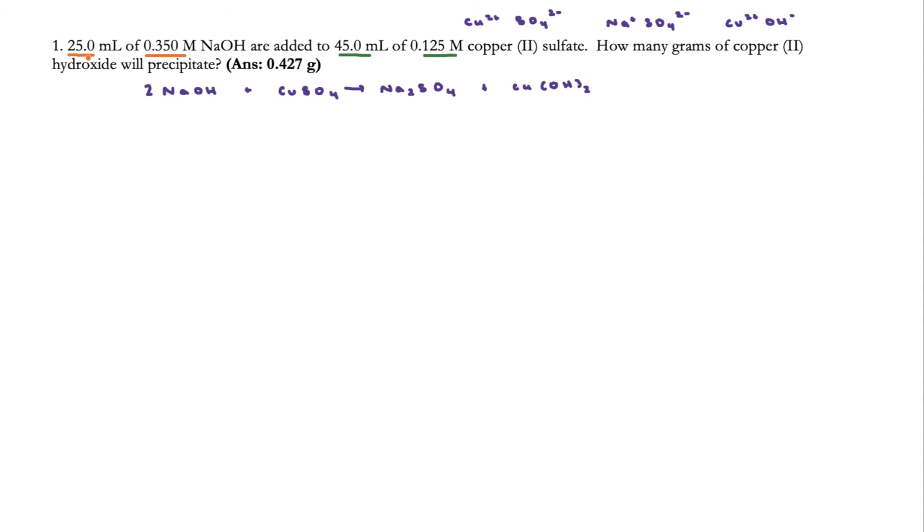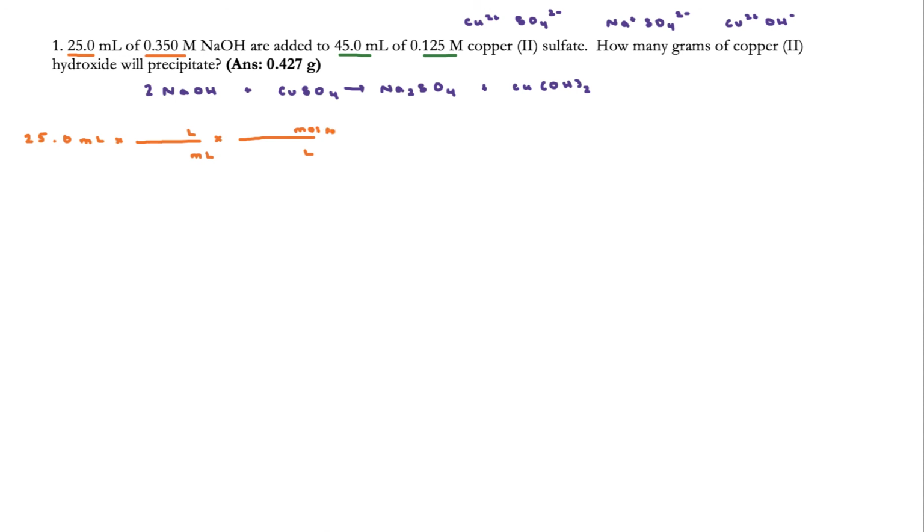All right, so I'm going to start with my given because I'm going to use my concentration as a conversion factor. So I'm going to start with 25.0 milliliters, and I'm going to first get into liters. Okay, so I'm going to put milliliters on the bottom and liters up top. I'm now in liters, and I can easily get into moles of sodium hydroxide by using my concentration as a conversion factor.